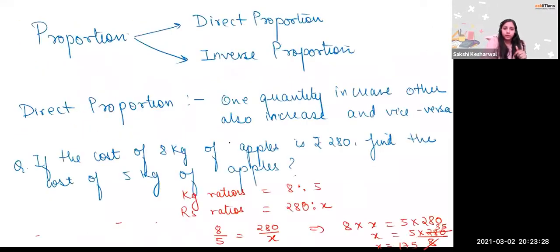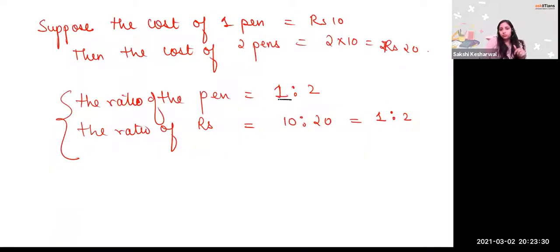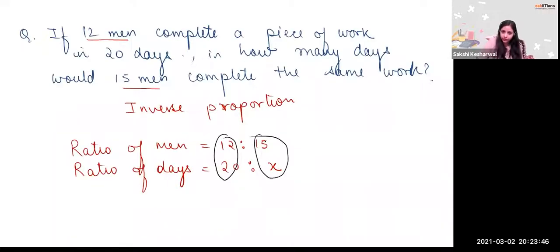In direct proportion you do the cross multiplication, where these two products are equal. But in inverse proportion, you have to multiply straight across, like this and like this.